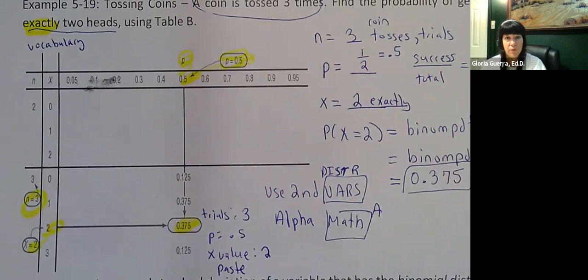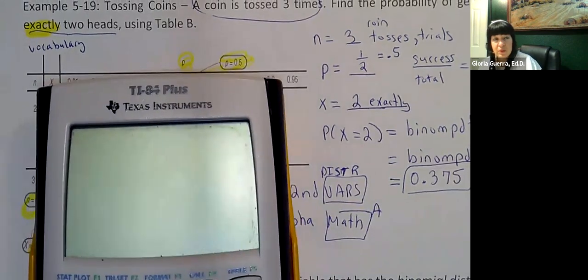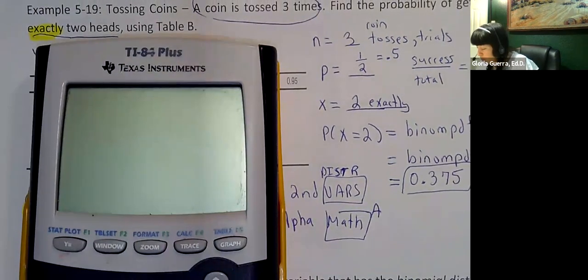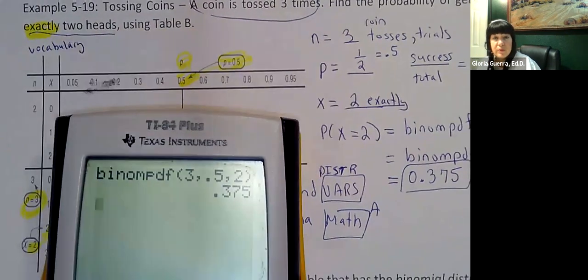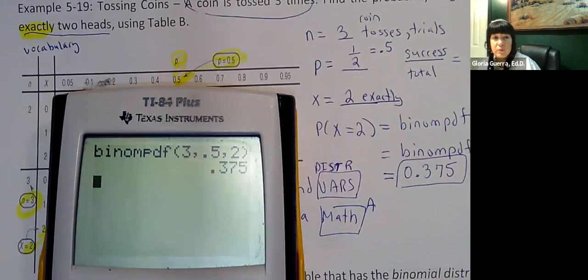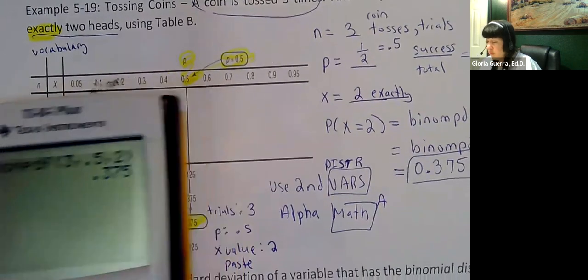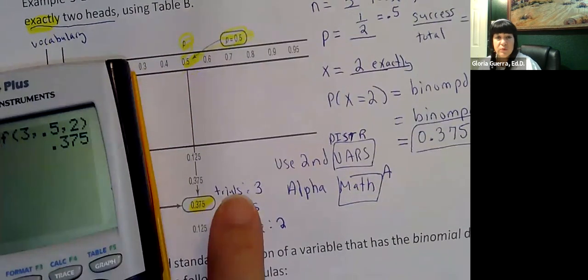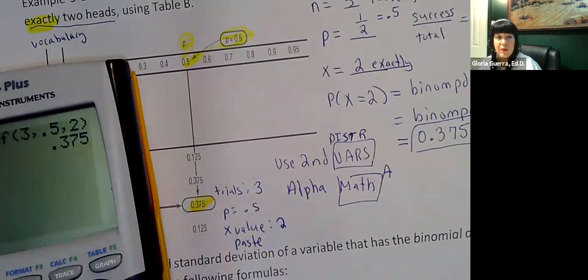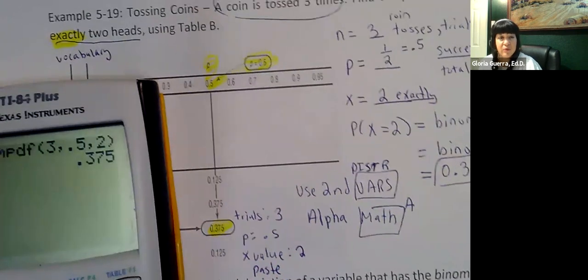So what happens, it's a TI-84 just like this, except the way it's programmed is that when the student types in the formula, the command, second binomial, and then their alpha math, it doesn't come up like this. It doesn't come up with trials, p, and x value. It comes up to where they have to type it in like this.